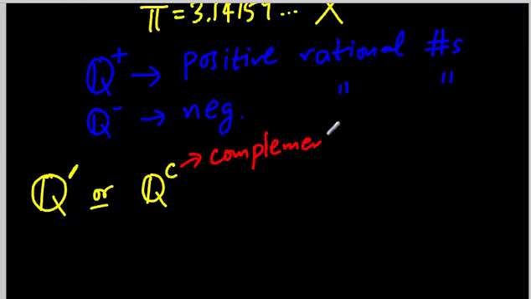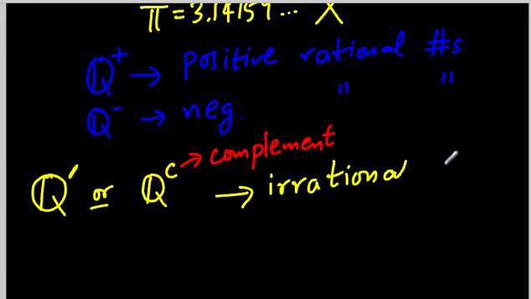It just means anything other than a rational number. So Q stands for rational, and Q complement means anything that is not rational, the exact opposite. This is the set of irrational numbers, meaning a set of numbers that cannot be expressed as a fraction of two integers. So this is irrational numbers, right?